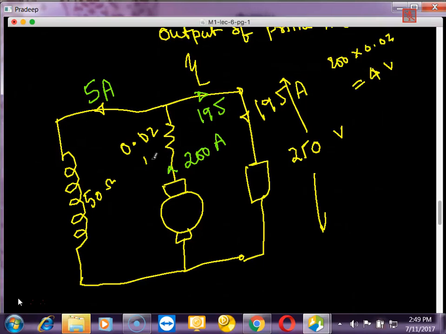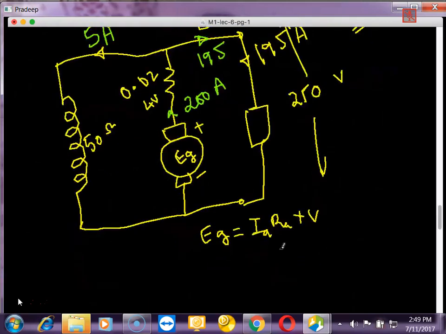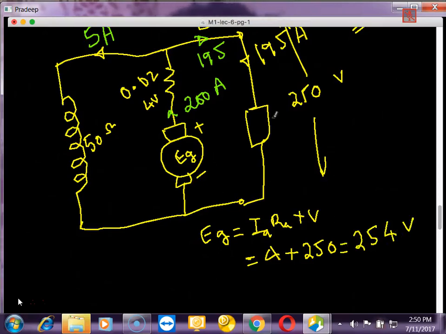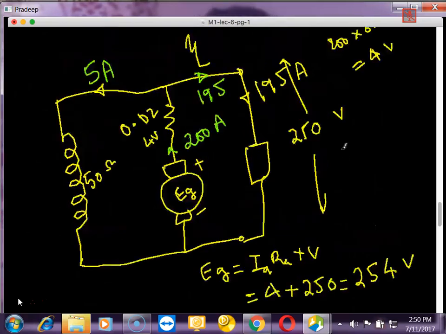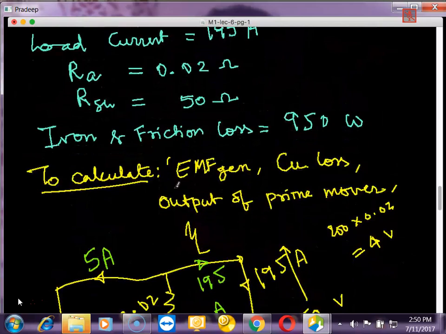So total EG, EMF generated, will be IARA plus terminal voltage V. So this is 4 volts plus 250, so of course the answer is 254 volts. Always notice that the EMF generated will be slightly more than the actual output voltage at the terminals. So in the question asked EMF generated, this answer we got.